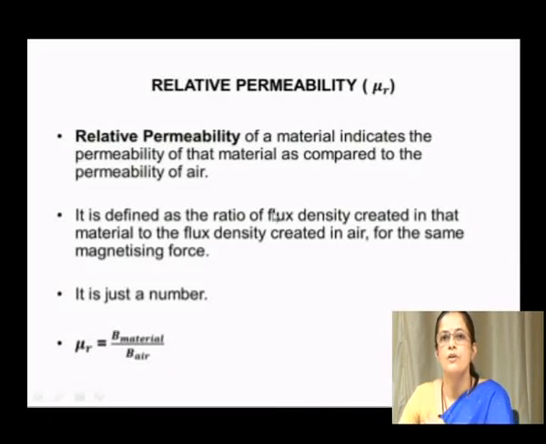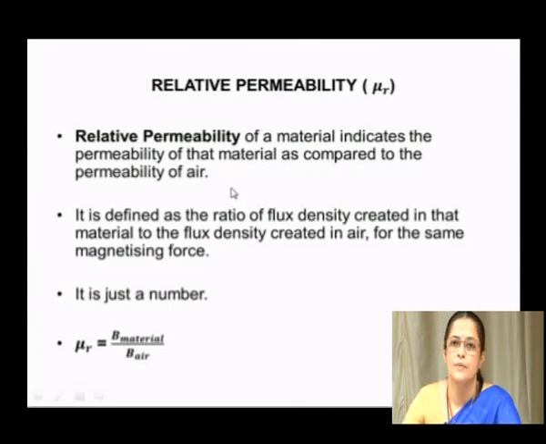Next, we will move on to the definition of relative permeability represented as mu R. Relative permeability of a material indicates the permeability of that material as compared to the permeability of air.